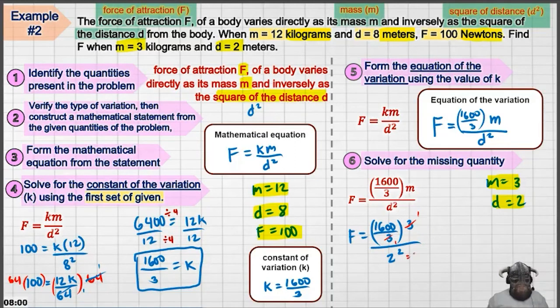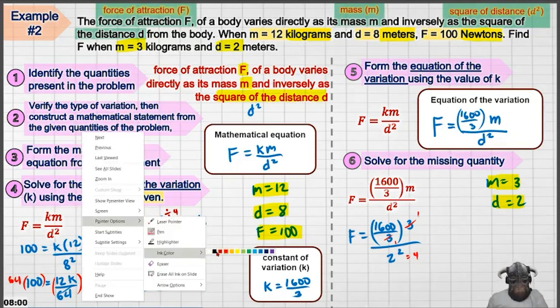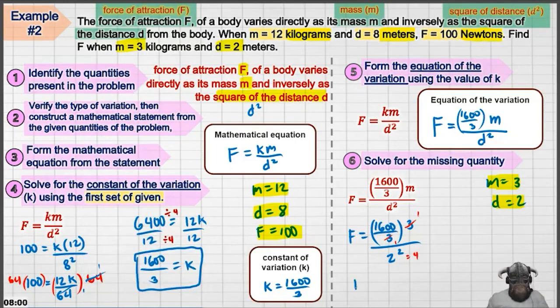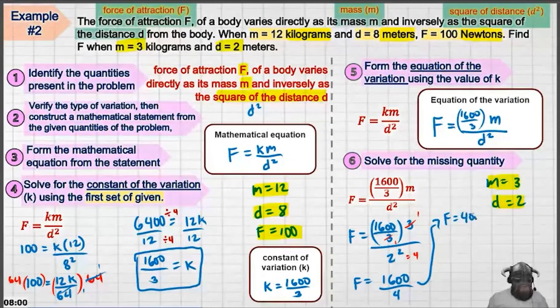This one will be equal to 4. So, as we continue, we can have now F is equal to this on the numerator. This is just simply 1,600. On the denominator, this one will just be equal to 4. So the question is 1,600 divided by 4. The answer is 400.